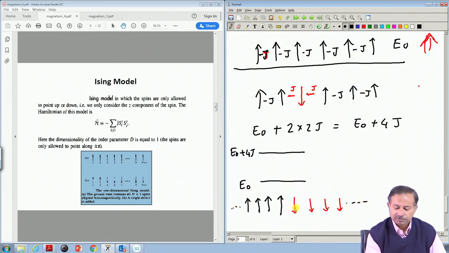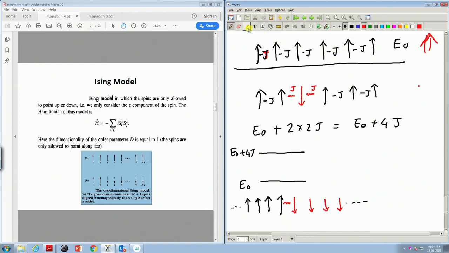So, now you see how many bonds are broken. There is only one bond that is broken now, this one. So, this has an energy which is E0 plus 2J. That means there is a state in between whose energy is E0 plus 2J.